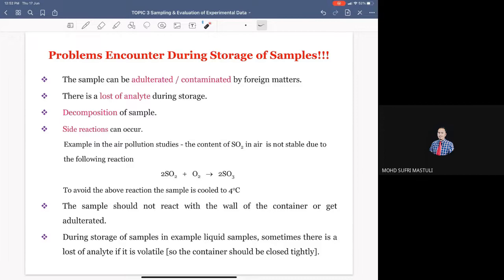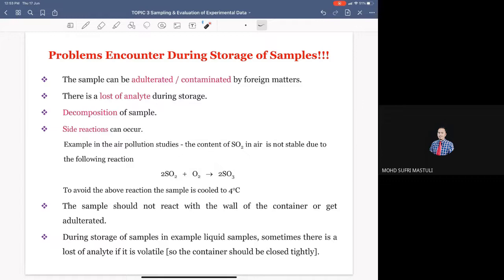Several problems will be encountered during the storage of samples. The samples that we store in that particular glassware or bottle can be contaminated by foreign matter.